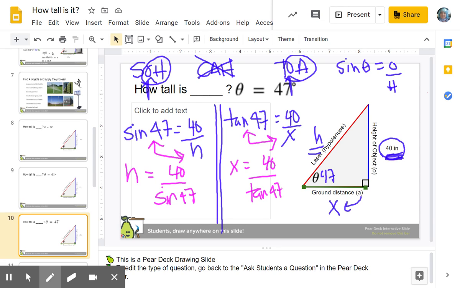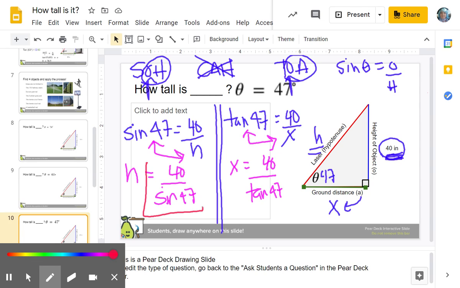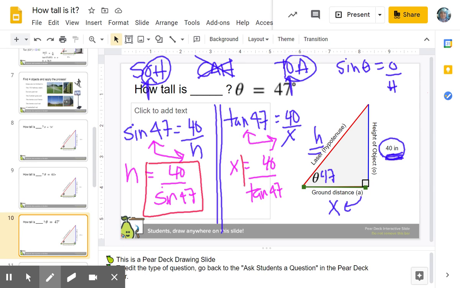And then what do I put in the calculator? So put 40 divided by sine of 47 in your calculator and see what you get.